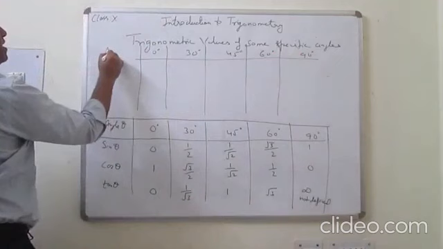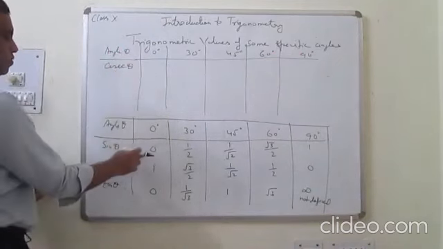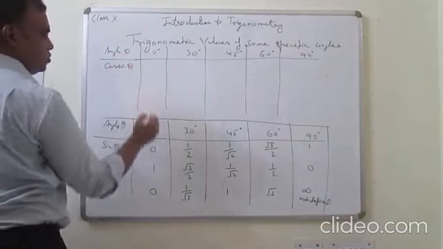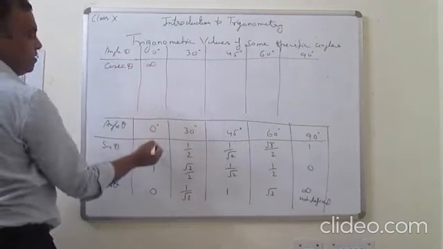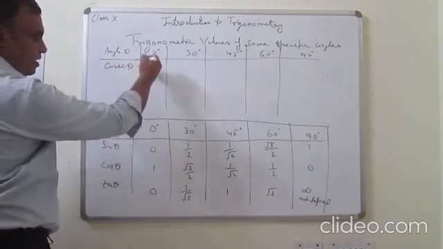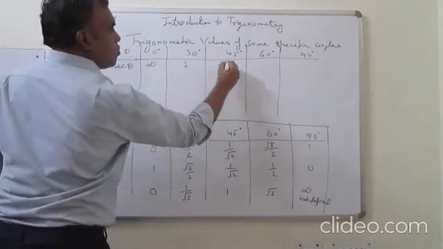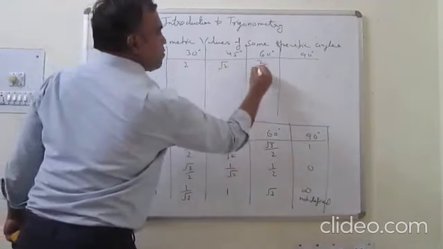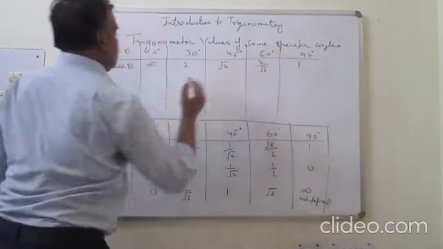Here it is angle theta, cosec theta. The reciprocal of 0 upon 1 is 1 upon 0, so it is not defined. Then cosec 30 is 2, cosec 45 is root 2, cosec 60 is 2 by root 3, and cosec 90 is 1 upon 1, which is 1.